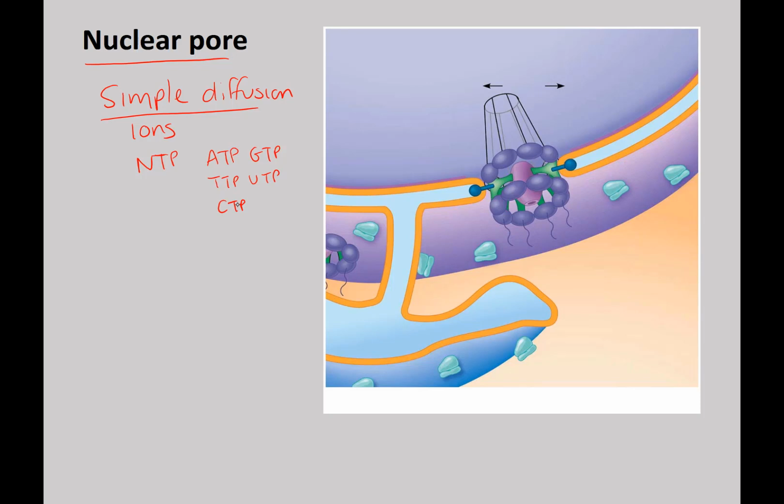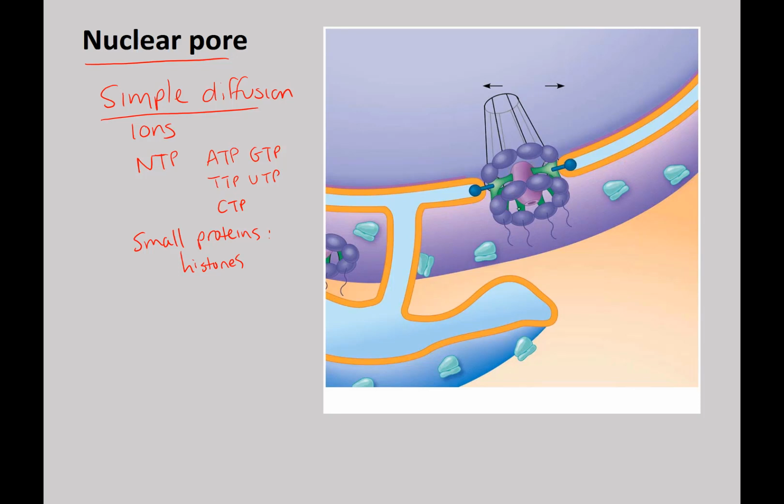Those nucleotide subunits that make up RNA and DNA, and even some small proteins like the histones can go through this pore.